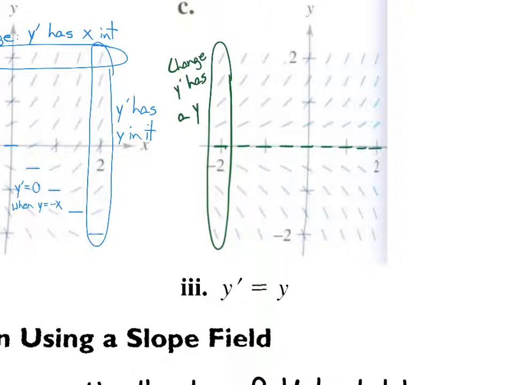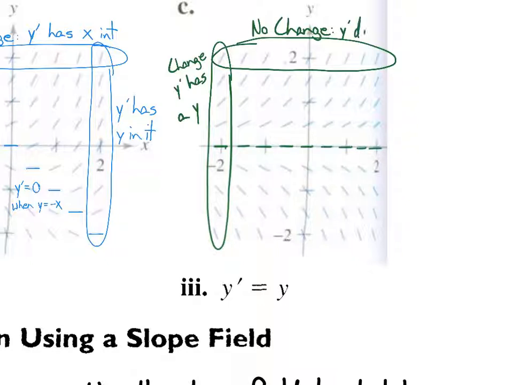As I go side to side, though, it doesn't change. No change as we go side to side, so y prime doesn't have an x. Alright, and that matches up with our final choice here, y prime equals y.